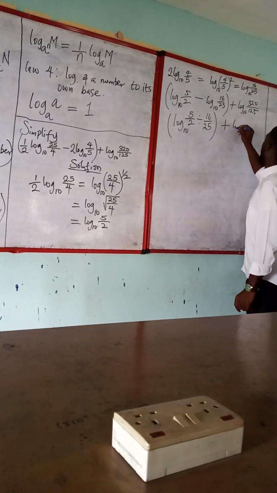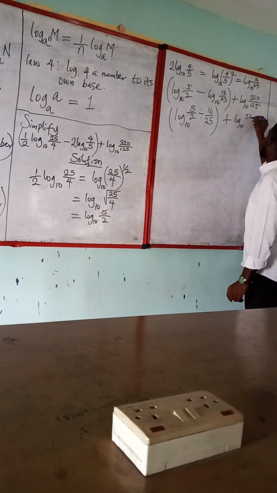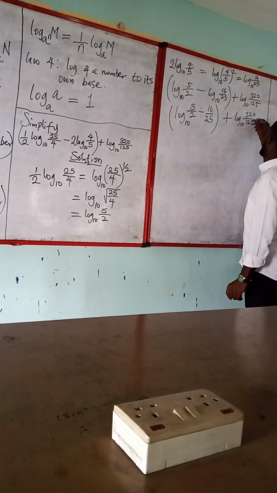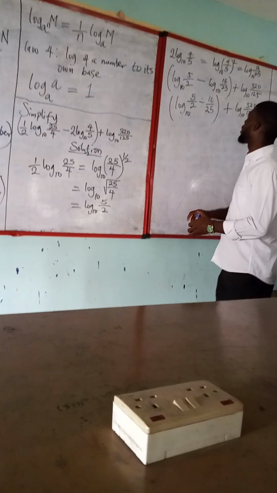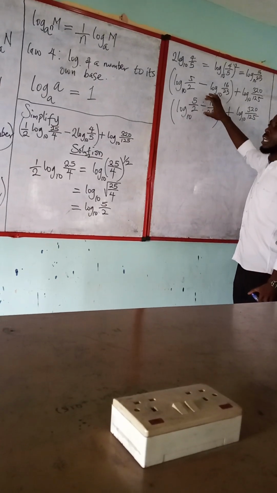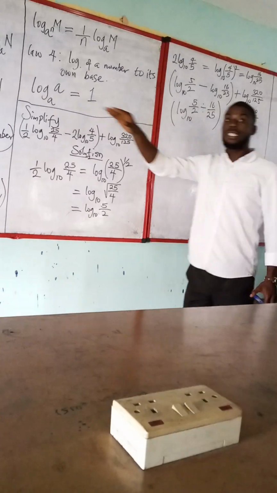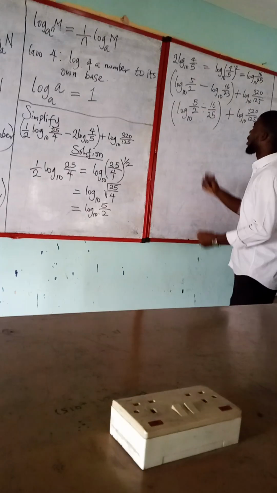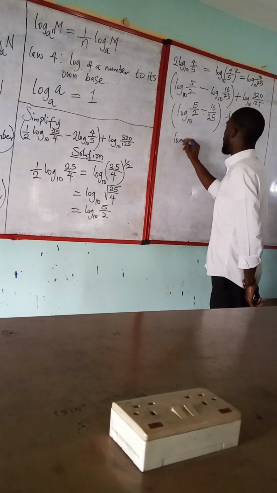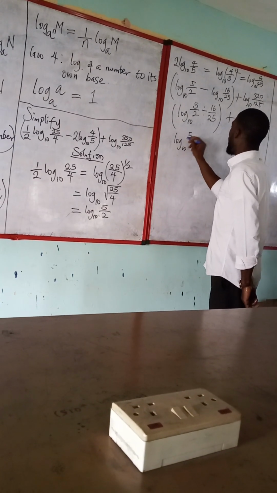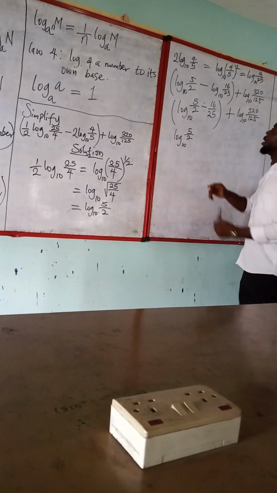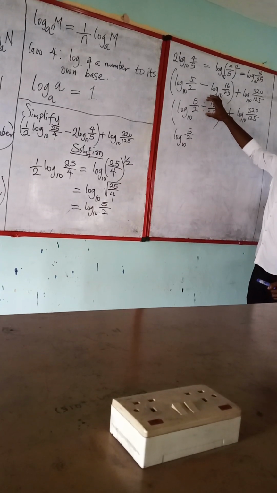Don't forget this other part, log base 10 of what? 320 over what? 125. Now, if you look at this, I'm now using the traditional division instead of what? The slash. Okay? I would like to say that this log base 10 of what? 5 over 2. We said in mathematics that we can change division to what? Multiplication.